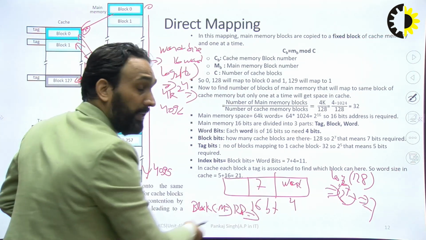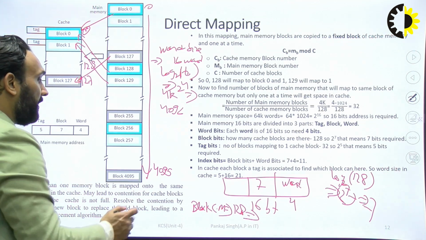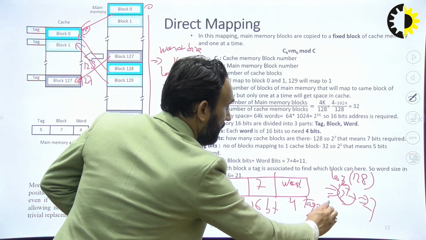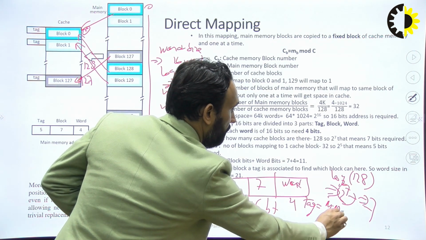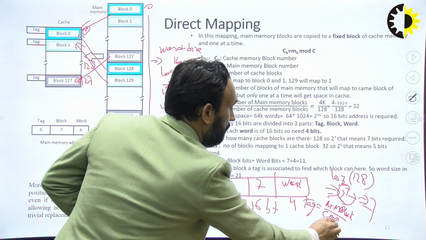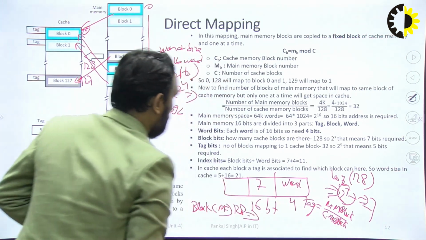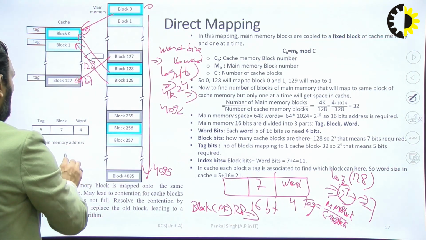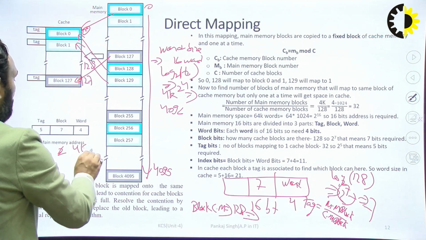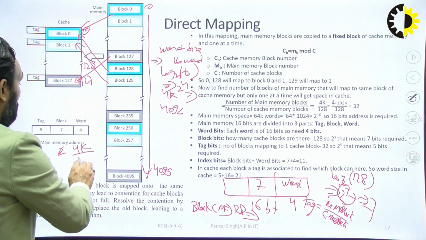What is the tag? As we say, the remaining bits are the tag, but the tag is calculated by the formula main memory blocks divided by cache memory blocks. So it is 4K divided by 128.